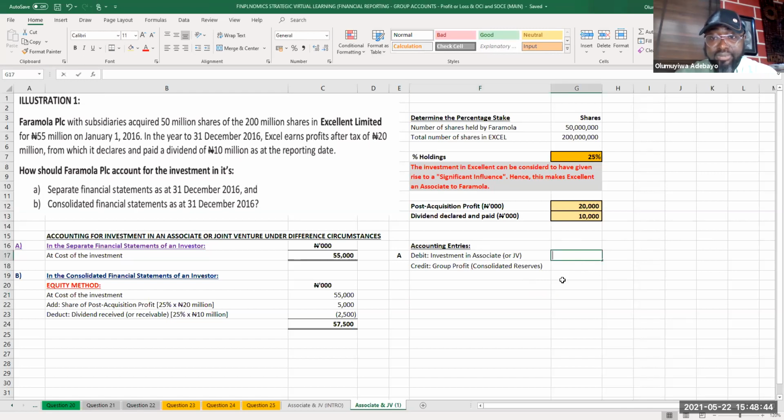Okay. How much is that? It's the share of profit. If it's share of loss, reverse will be the case.